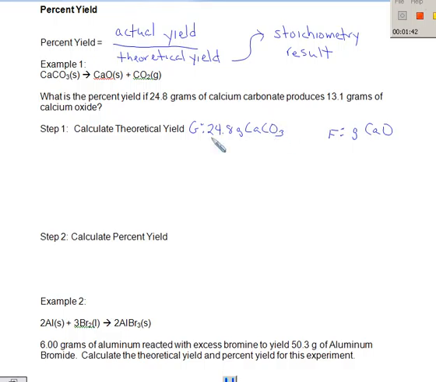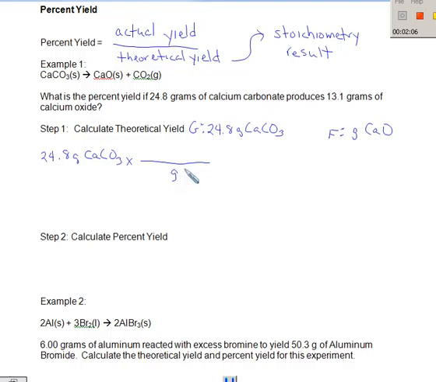So let's go ahead and work this problem as a review on stoichiometry. We start with our 24.8 grams of calcium carbonate. And we're going to convert over to moles of calcium carbonate so that we can use the mole ratio to solve the problems.